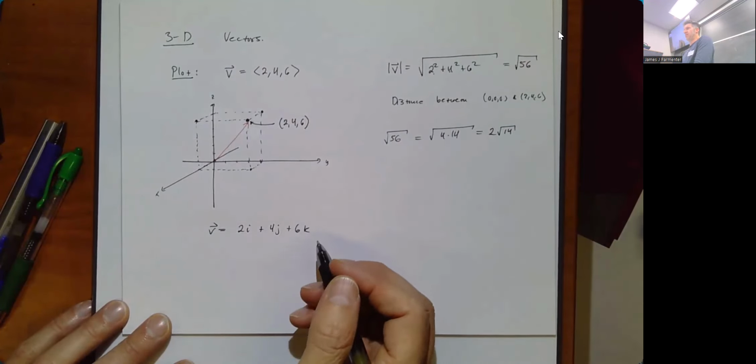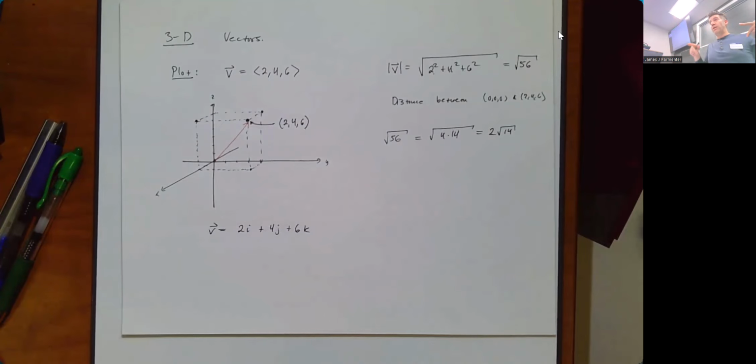So just like before, i is still a unit vector in the x direction, meaning it's a vector that's 1 in the x and 0 in the other. But if you're working in 3 dimensions, you have to write the unit vector i as the vector (1, 0, 0). And the unit vector j as (0, 1, 0). And the unit vector k as (0, 0, 1).